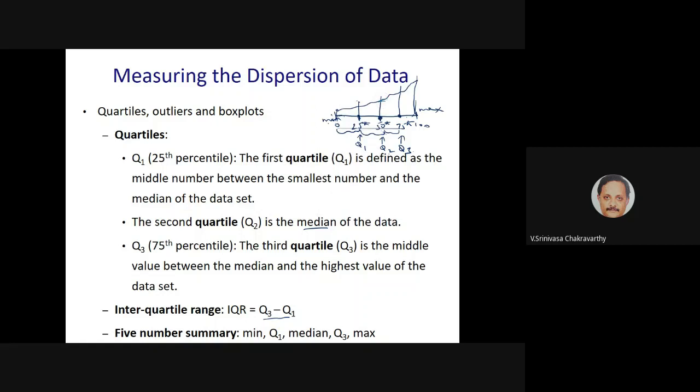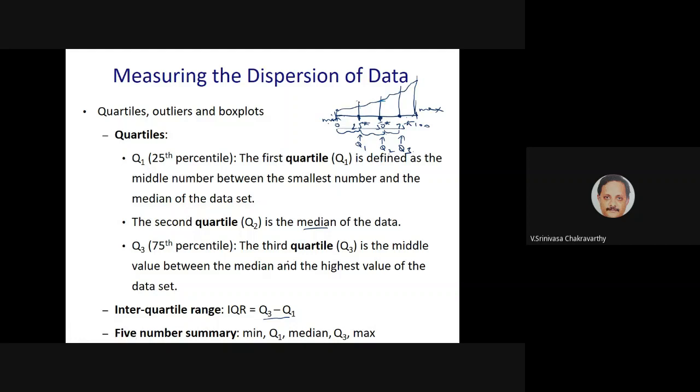Then the 75th point is called the third quartile or Q3, and the last point is the max. These are the quartiles. This is basically a percentile idea: the point at the 25th percentile is Q1, the 50th percentile is Q2, and the 75th percentile is Q3.